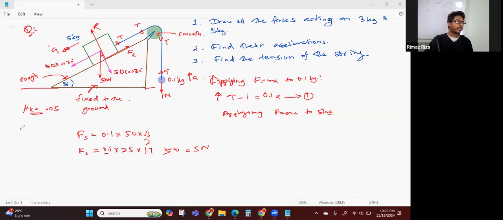Now you have to find the kinetic friction. So Fk is equal to 0.05, μk, into R. R is 50 cos 30, so 50 into cos 30, which is root 3 over 2. So Fk equals 0.05 into 25 into root 3.